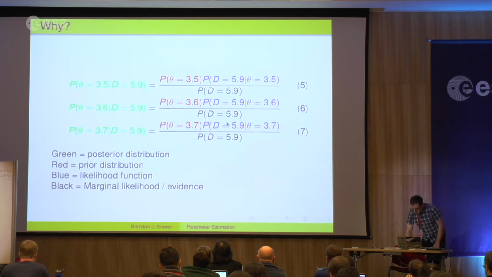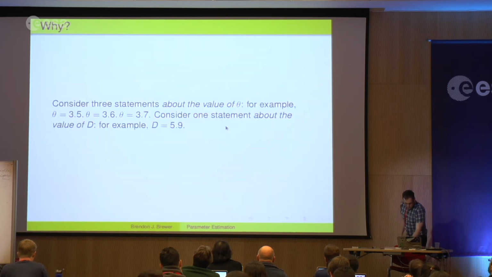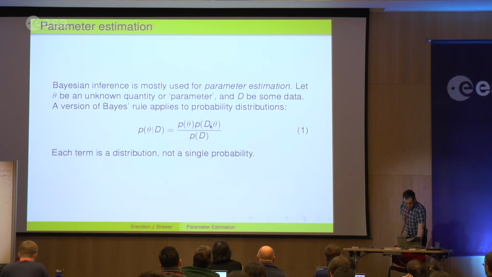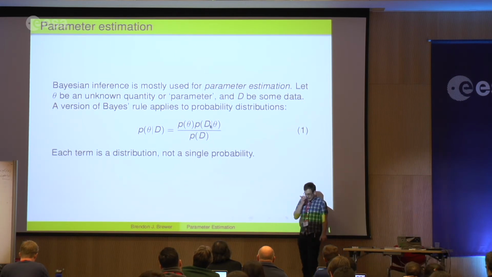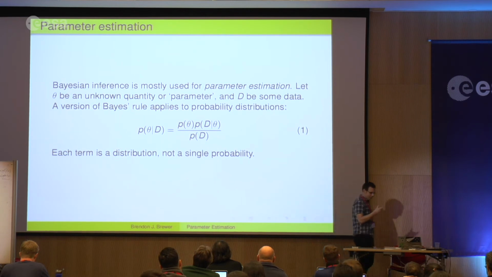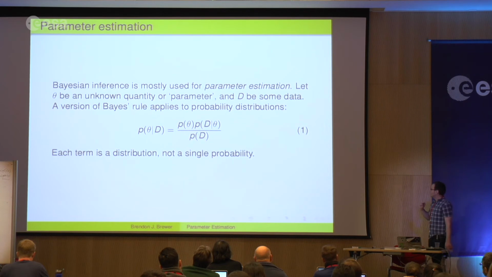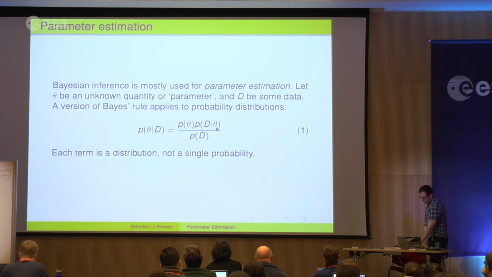Our blue terms here correspond to this term here, the likelihood function. I'm calling it the likelihood function now because I'm thinking of it as varying as a function of the possible values of theta, but I've plugged in the observed value of the data d. So it's not a function of d and theta anymore.